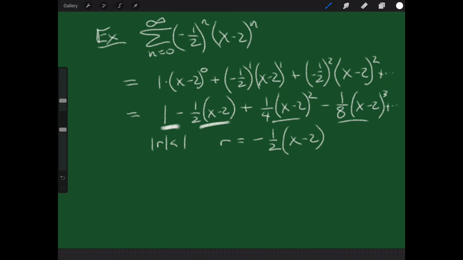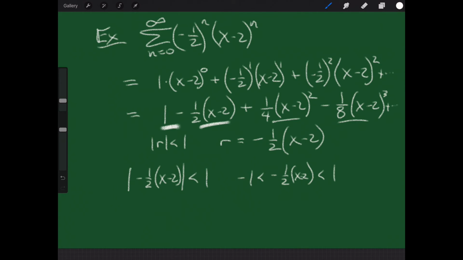And we know that this thing will converge if the absolute value of negative 1/2 times x minus 2 is less than 1. Okay? In other words, that means that negative 1 is less than negative 1/2 times x minus 2, which is less than 1.